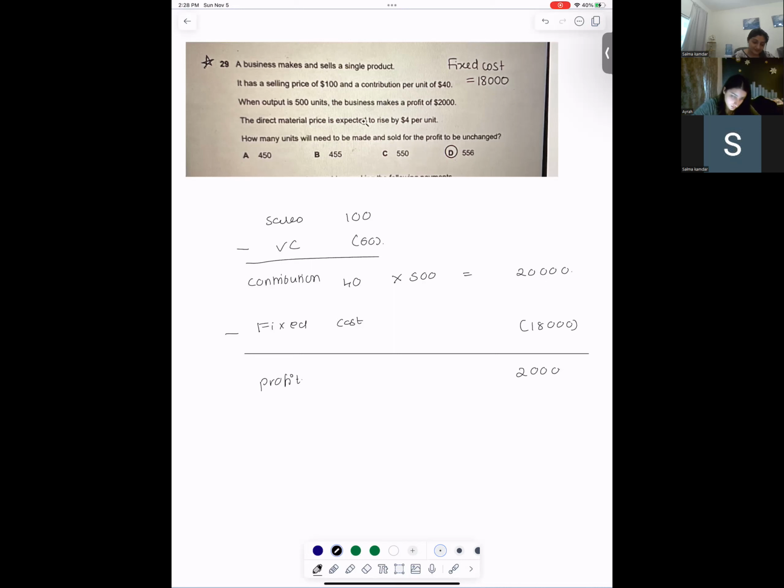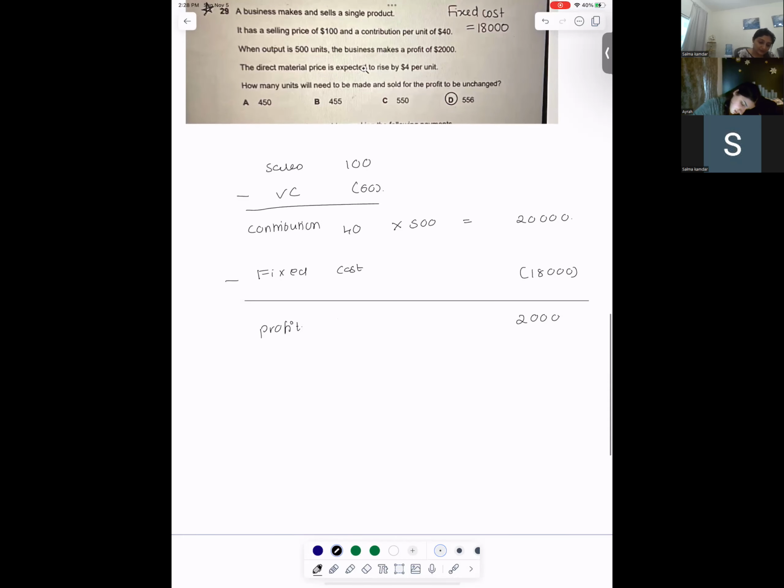Now you need to know the units required to be sold to get the desired profit.